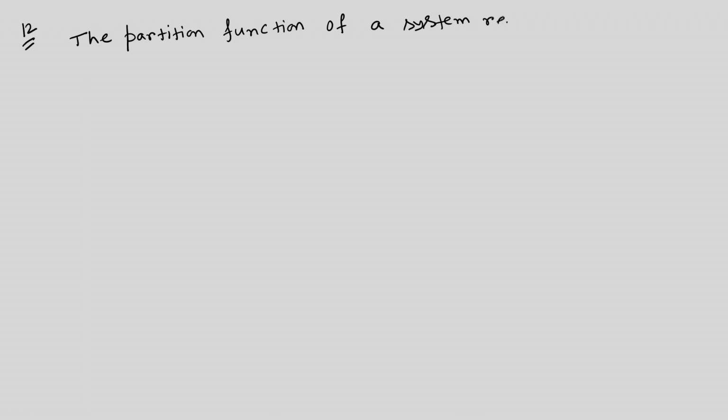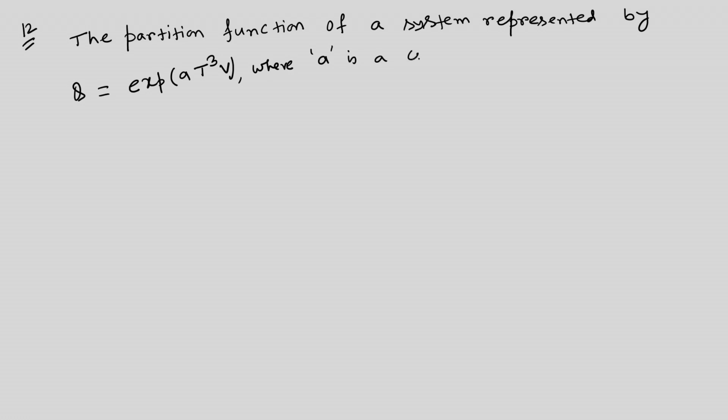So, we will discuss a few more problems. Problem number 12: the partition function of a system is represented by q equals exponential of a T to the 3 times V, where a is a constant.